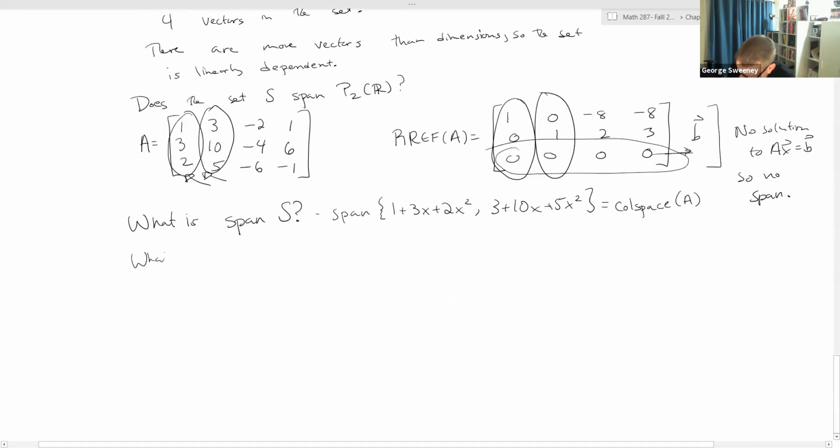What is the row space? Okay. So our next piece here is, what is the row space of A?